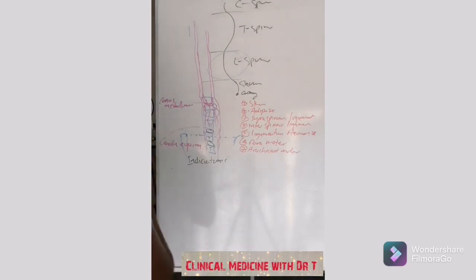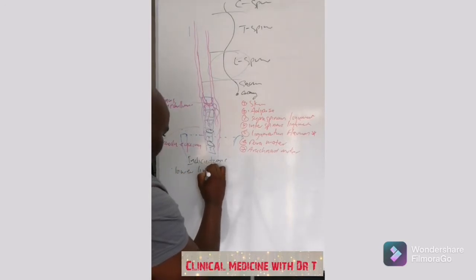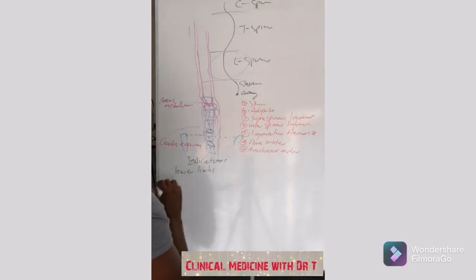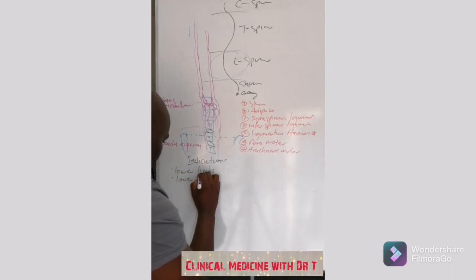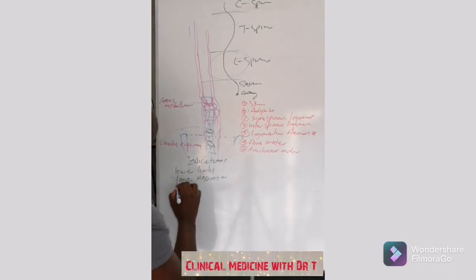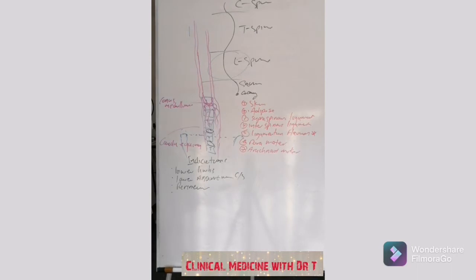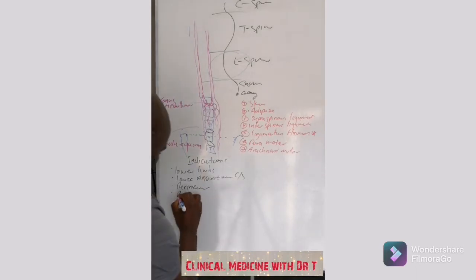When you've got surgery that is going to be done in the lower limbs, when you've got surgery in the lower abdomen, for instance C-section, when you've got surgery in the perineum, and surgery in the pelvis.